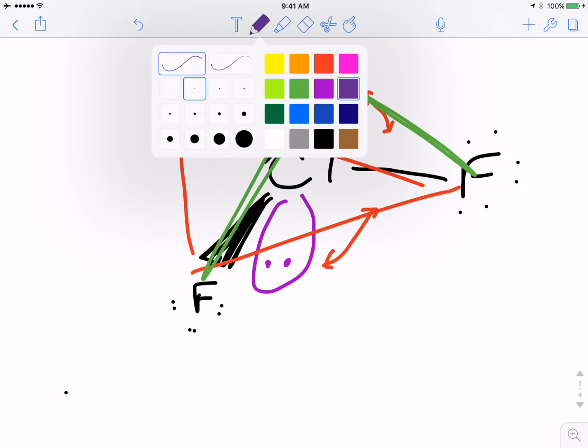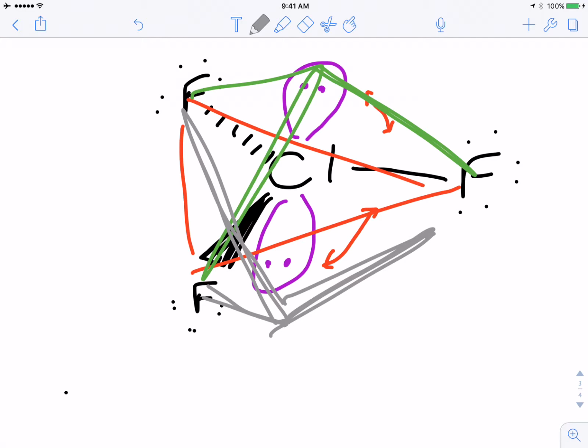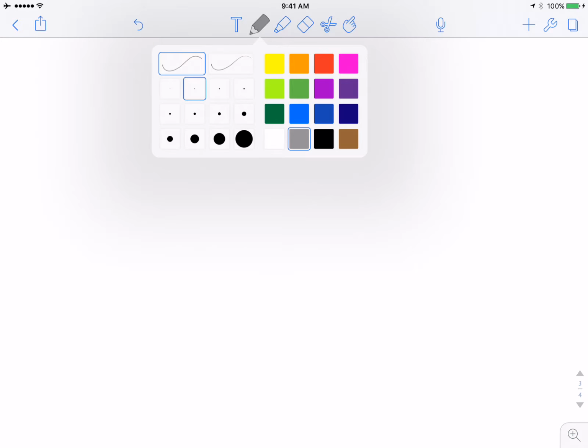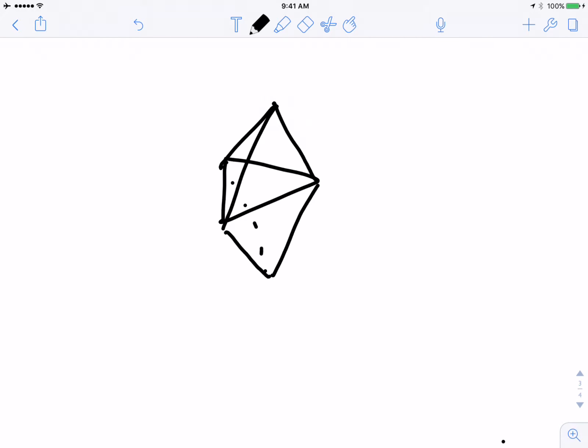No, I already used purple. How about silver? Gray. I'll put this triangle on top. So what I end up having is this one triangle. So I have like this weird triangle, and then it has a pyramid on top and a pyramid on bottom. So think about that.